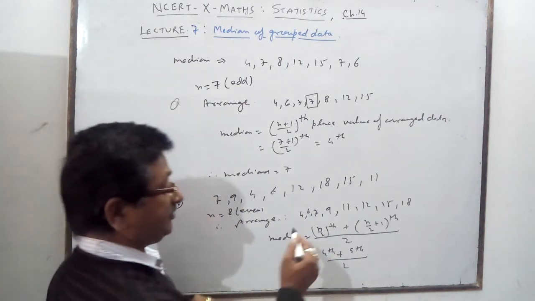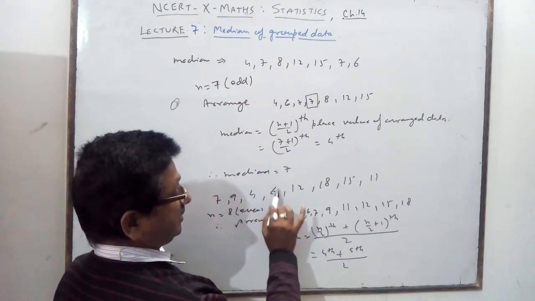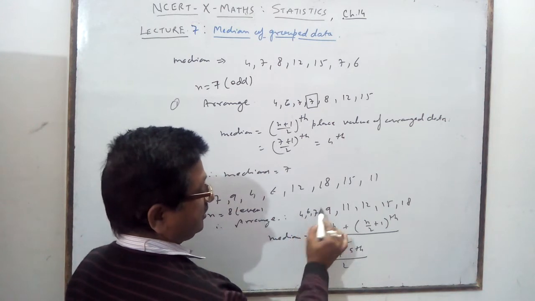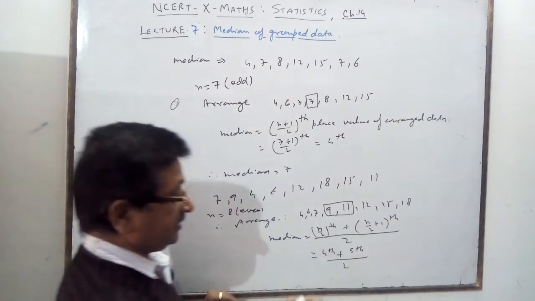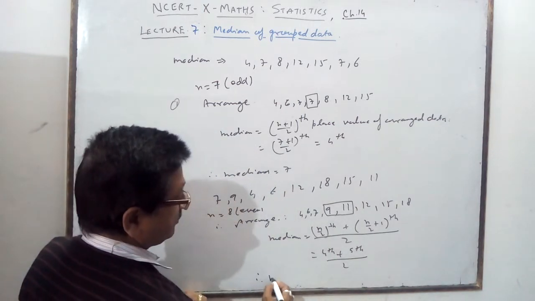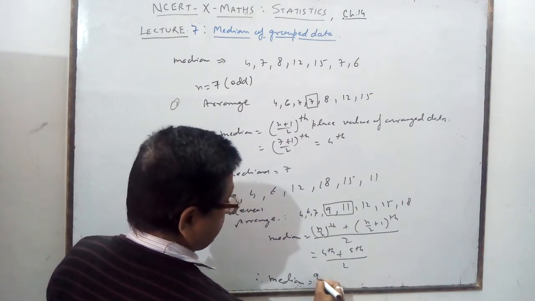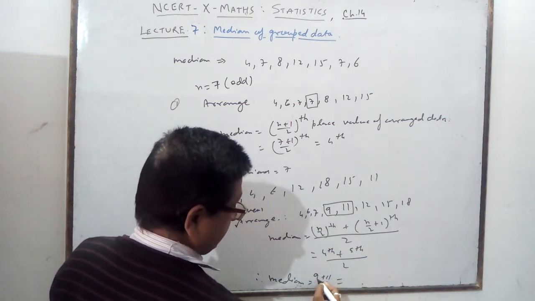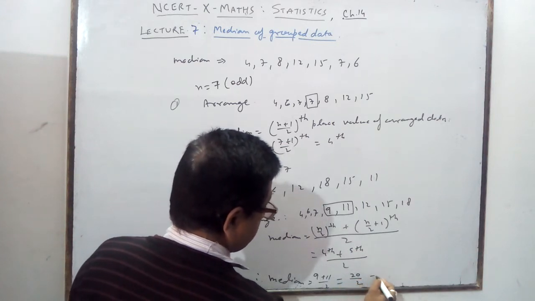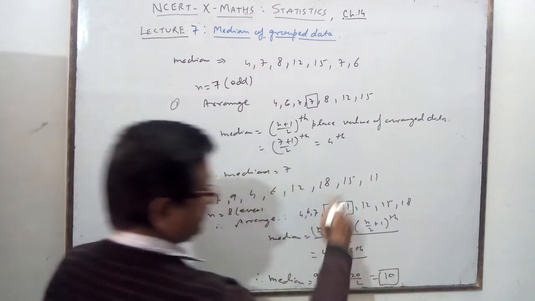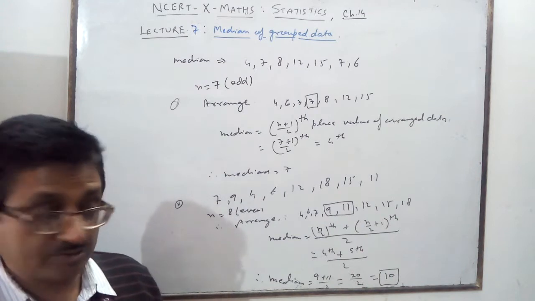Counting 1, 2, 3, 4, the 4th place is 9 and the 5th place is 11. Therefore, the median is 9 plus 11 by 2, that is 20 by 2, which is 10. It is not present in the data, but it is the middlemost value of the given data.